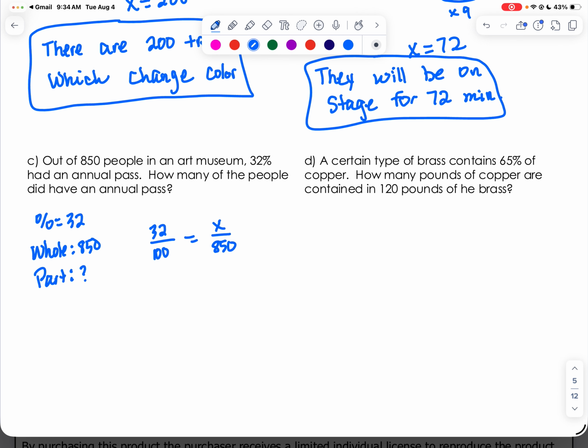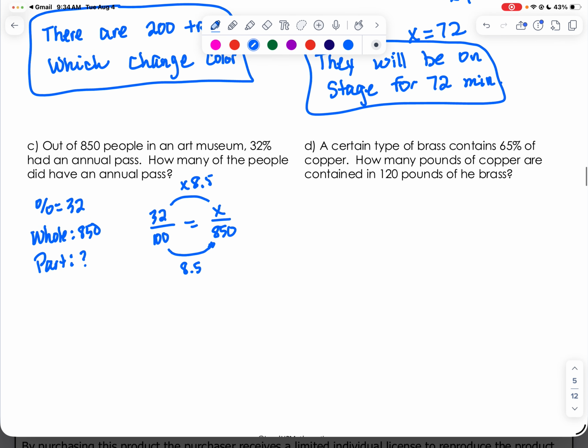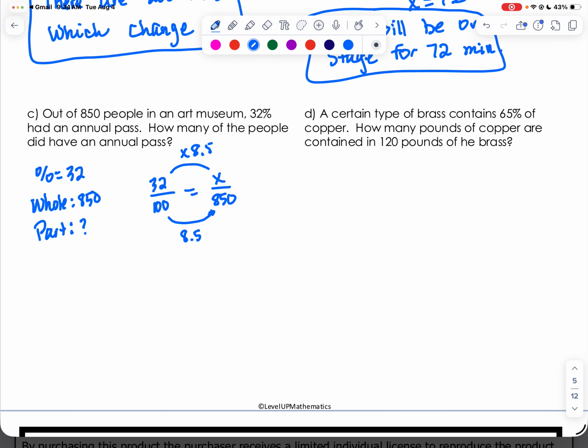In this problem, I'm seeing the scale factor pretty easily, because I know if I multiply 100 by 8.5, I will get 850. Likewise, if I multiply the numerator by 8.5, I can find the number of people that have an annual pass. So I'm going to take 32 and multiply that by 8.5.